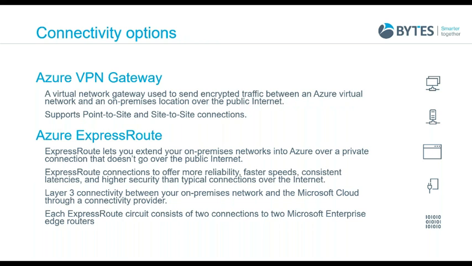In terms of connectivity, there are two primary ways of getting access between, say, an on-prem solution. Say if you have an office for a customer and you need to connect that into Azure, the most common is something like a site-to-site connection that requires an Azure VPN gateway and a solution on-prem which can make that connection.